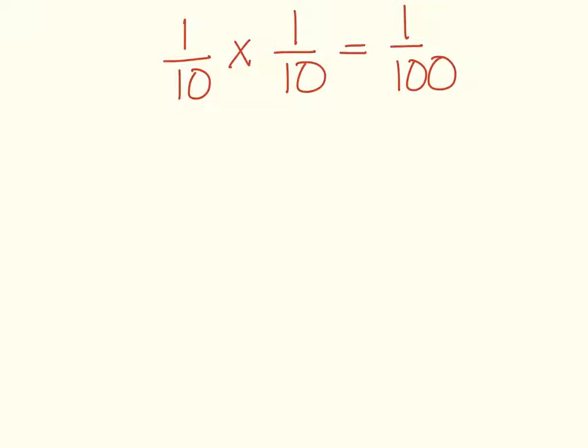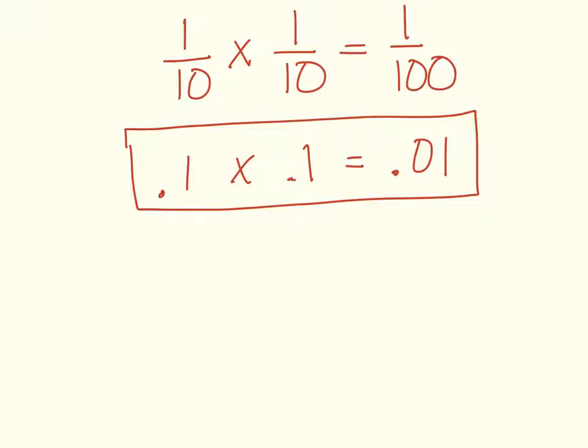If we were to write it out, it would be 1/10 times 1/10 equals 1/100th. Now, we don't usually see it written out horizontally like that because it's going to actually make it a little trickier for us. When we write it out vertically, I think it will stick out nicely for you if I say 1/10 times 1/10.